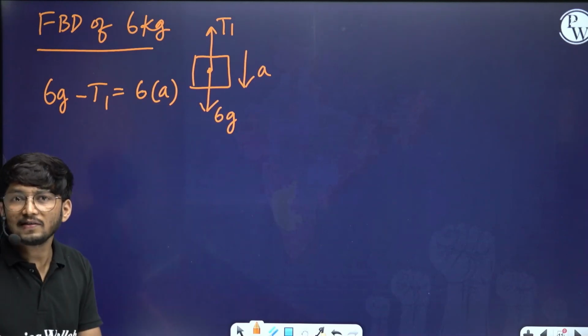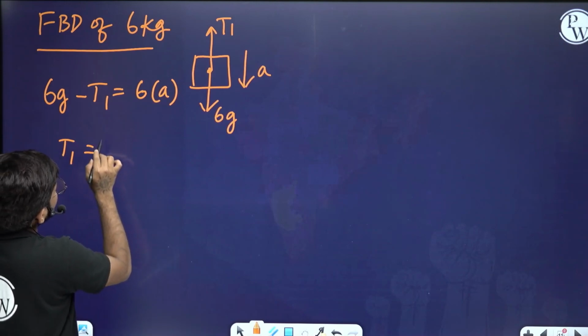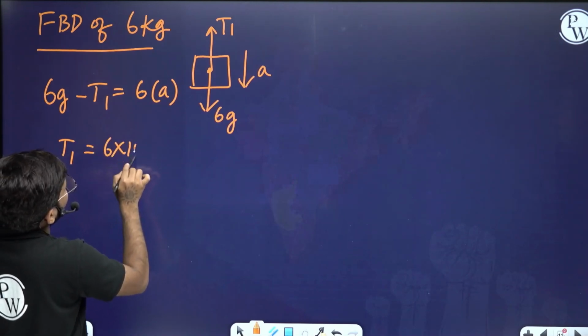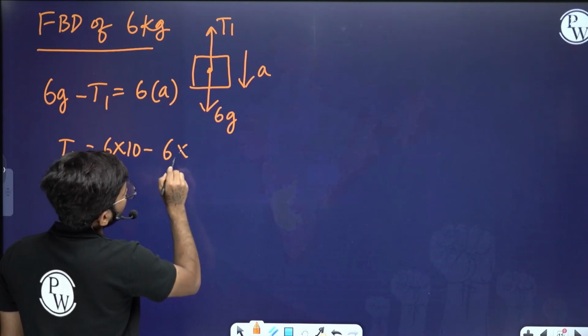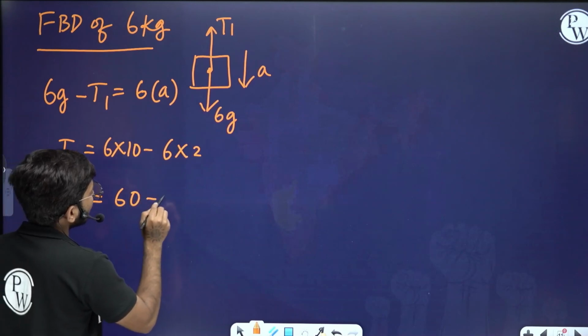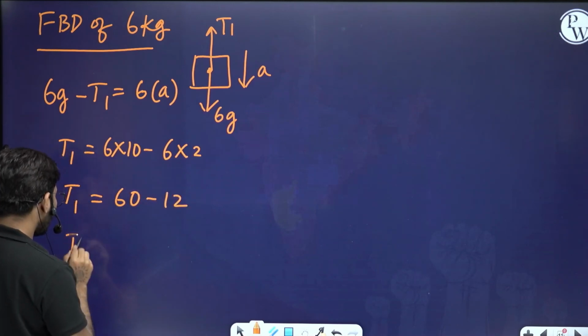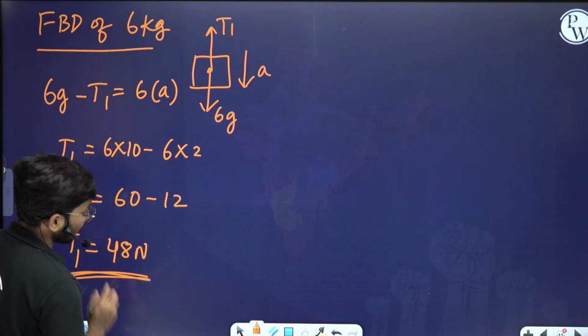Acceleration we got as 2 meter per second square. So tension is 6 into 10 minus 6 into 2, which is 60 minus 12. So tension 1 is 48 Newton.